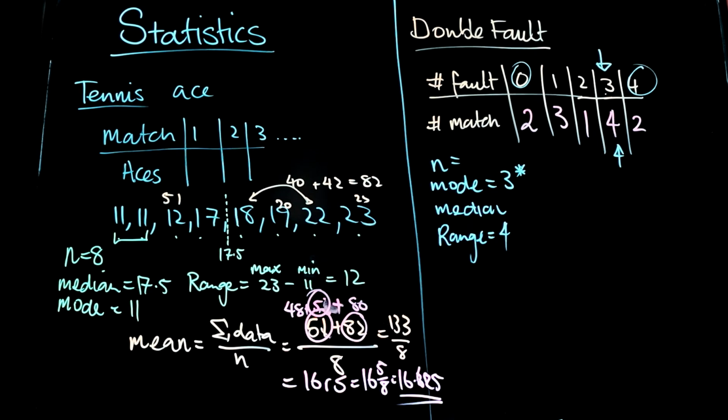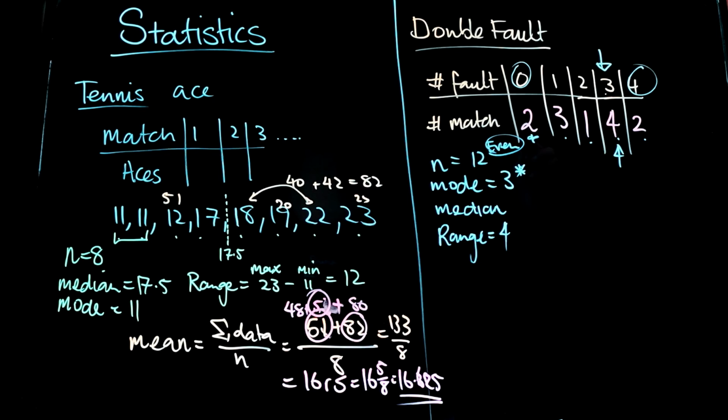I'll put a little star next to that because that's a bit of a thinking one. So let's calculate the number of matches this guy's played. We need to add these things up. 2 plus 3 is 5, plus 1 is 6, 10 and 12. So we've played 12 matches. So the median, we've got an even number here, so the median has to be between the 6th value and the 7th value.